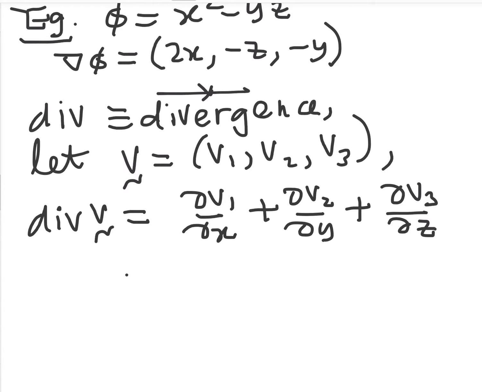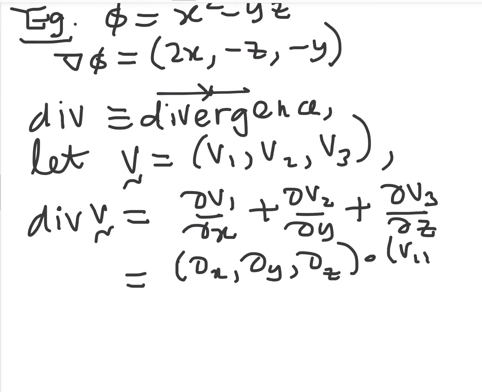If we look at this closely, we can rewrite the divergence in terms of the del operator. It is very clear that this is the dot product of the operator partial derivative with respect to x, partial derivative with respect to y, partial derivative with respect to z, dotted with v1, v2, etc. So this can be written as the del operator dotted with the vector v.